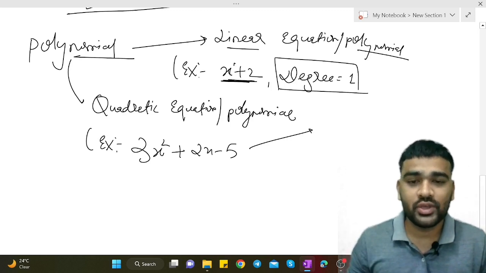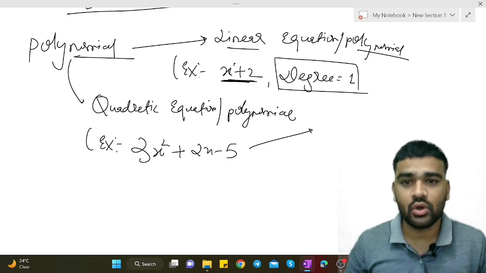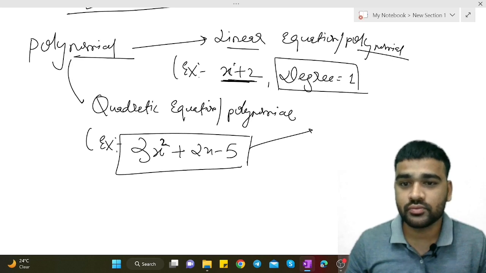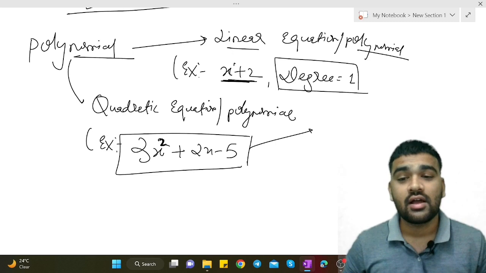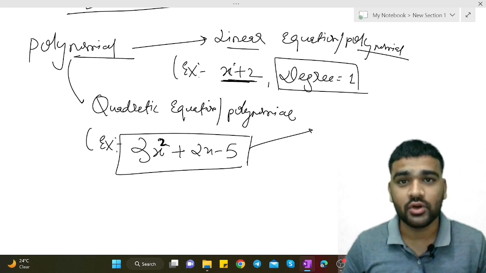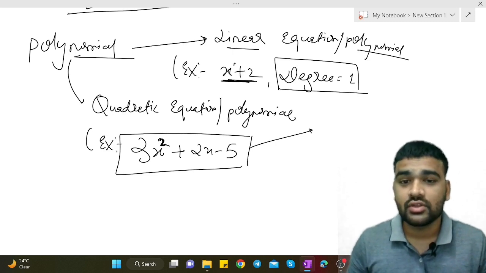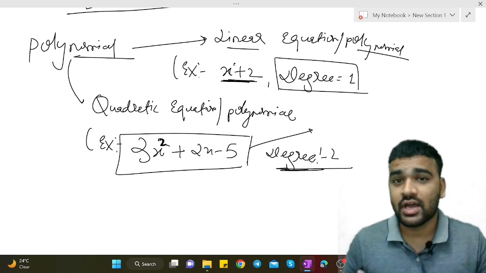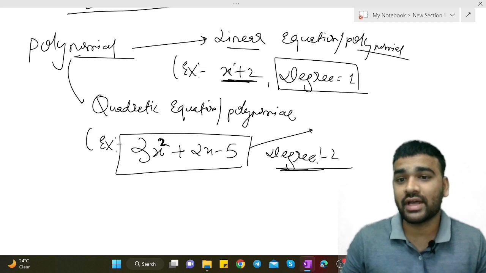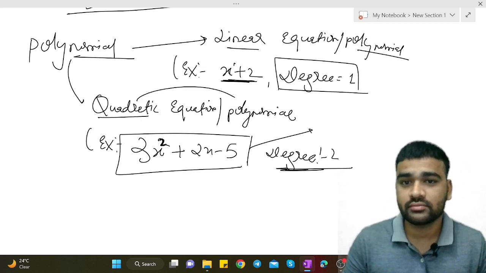Here you can see that the degree of this polynomial is 2, because 2 is the maximum, the highest power of the variable x. If you have any polynomial with degree 2, that means the maximum power is 2, so that will be known as a quadratic polynomial.